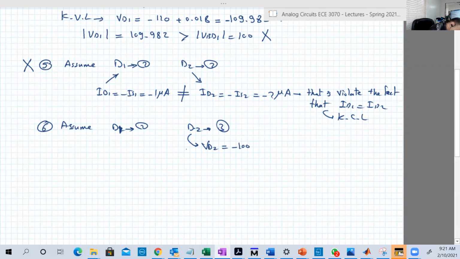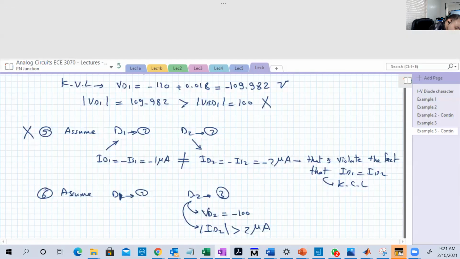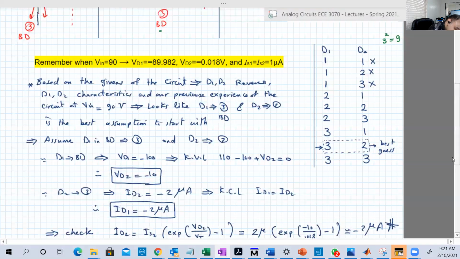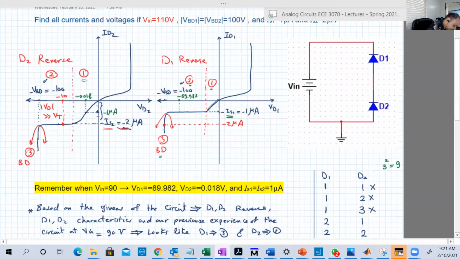And ID2 is greater, as a magnitude, than 2 microamperes. Because if we go back and look at the characteristics, if D2 is in breakdown, its current will for sure be, as a magnitude, larger than 2. It will exceed, going down past minus 2.